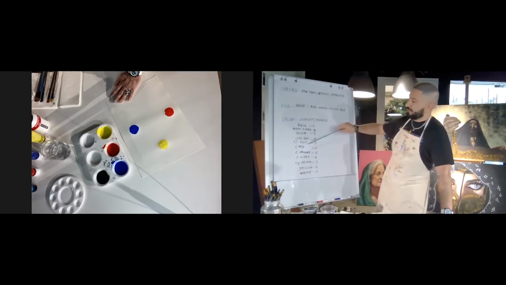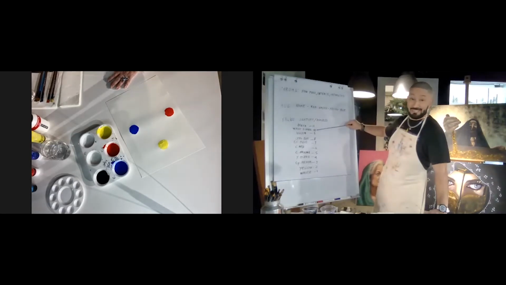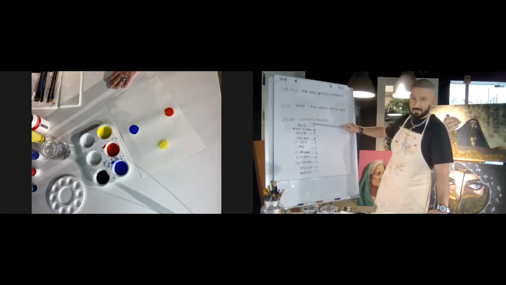These two colors now start to get darker in value, higher in value. And then violet is 9. And then the thalo blue and the burnt umber are actually 10. So they're very close to black, which is number 11.